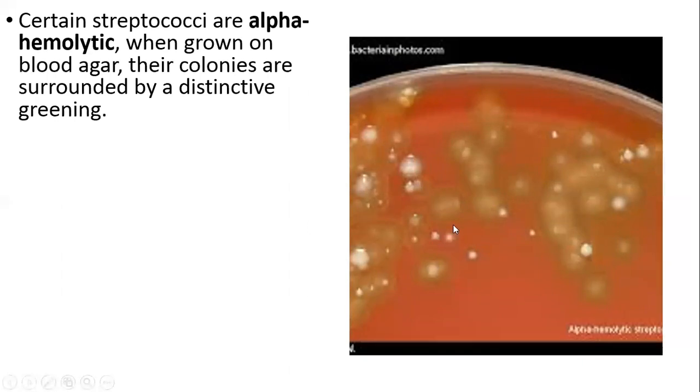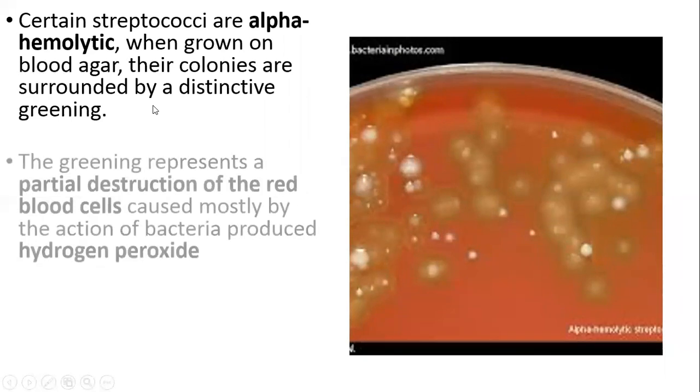Rather, the partial hemolysis results in a greening color around the colonies. So if you notice green color around colonies on the blood agar, it indicates the partial hemolysis, or the alpha hemolysis.